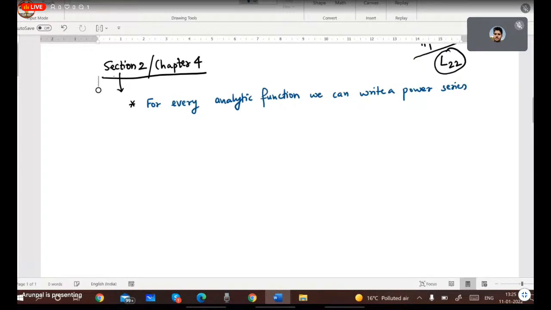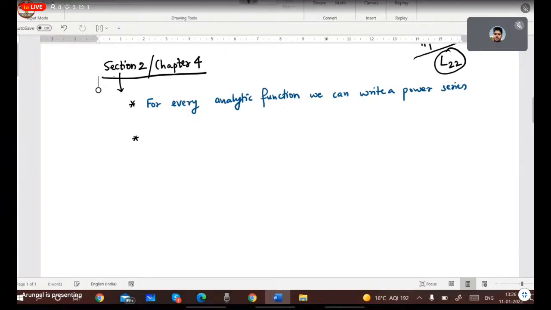Of course, the precise information about the domain where the power series will be convergent, all that I shall be mentioning while doing the precise result. But the crux of the matter is this: for every analytic function, we can write a power series.